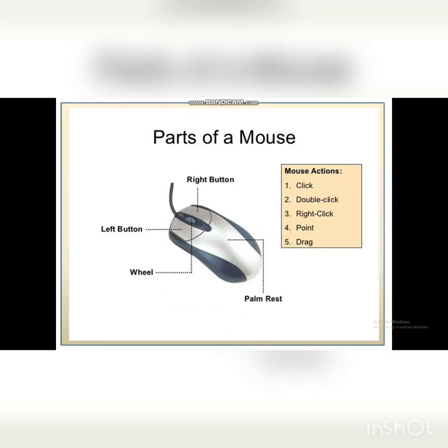For today, we will be seeing that there are 5 actions which we can do with a mouse. Number 1, click. Number 2, double click. Number 3, right click. Number 4, point. Number 5, drag.